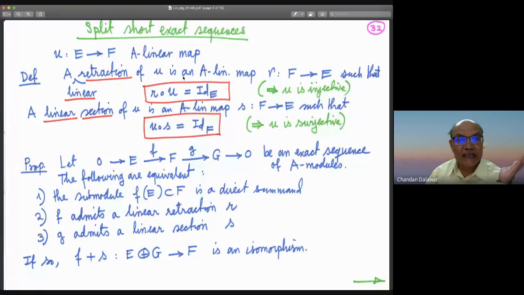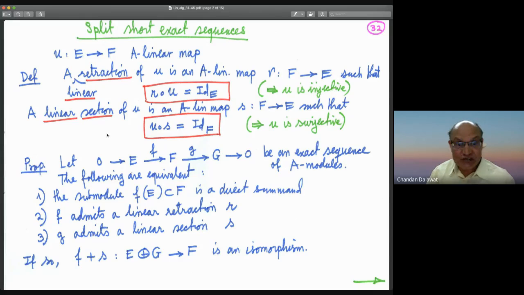If little u is an A-linear map from E to F, a linear retraction is a map r from F to E such that r composed with u is equal to the identity map of E. The retraction goes from F to E, and when I first apply u and then apply the retraction, I get the identity map of the module E.